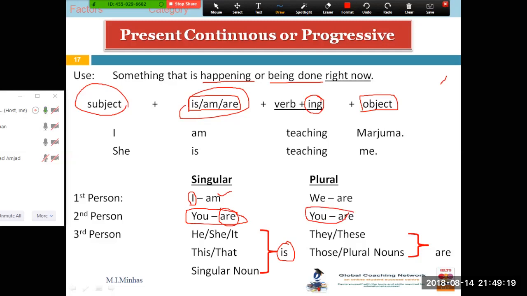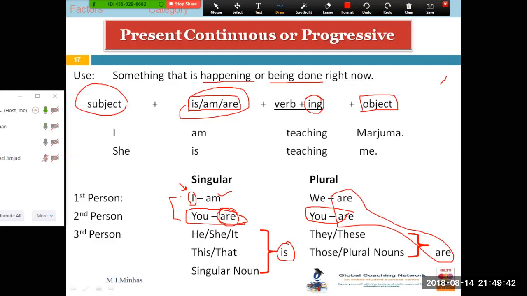So the general rule is we use are with all plurals, and we use is with all singulars with two exceptions. One exception is that if it is I singular, then we will use am, and if it is you singular, then we will use are.